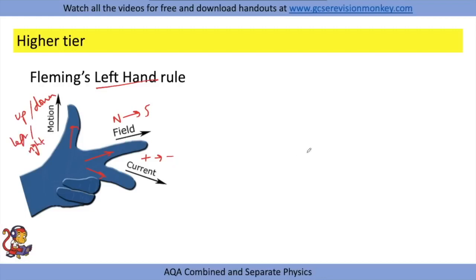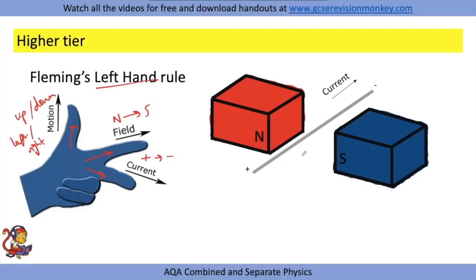So if we look at this example, this is a simple motor. You've got some magnets here, a north and a south of two magnets, and you have a wire going in between. So these magnets are producing a magnetic field. You're placing a wire carrying a current in the magnetic field from positive to negative, so that will experience a force.